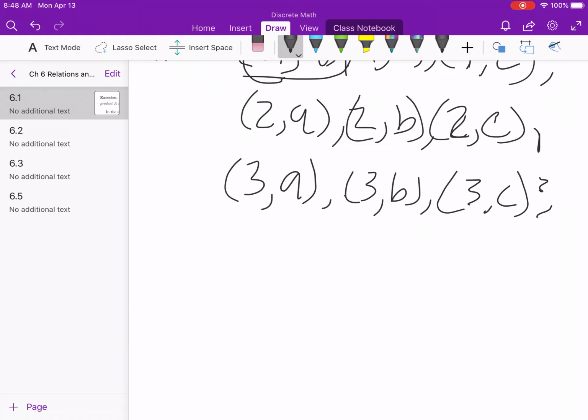Let's define this. I think this might actually be early on in the book.